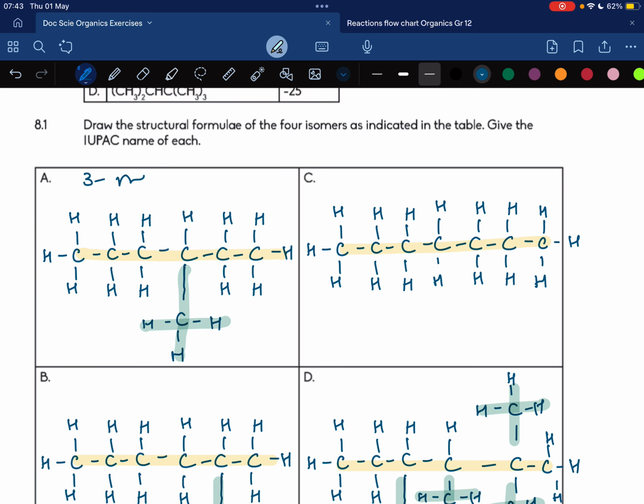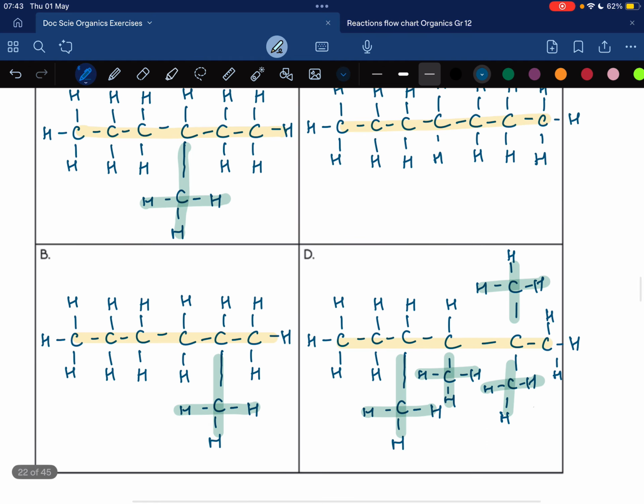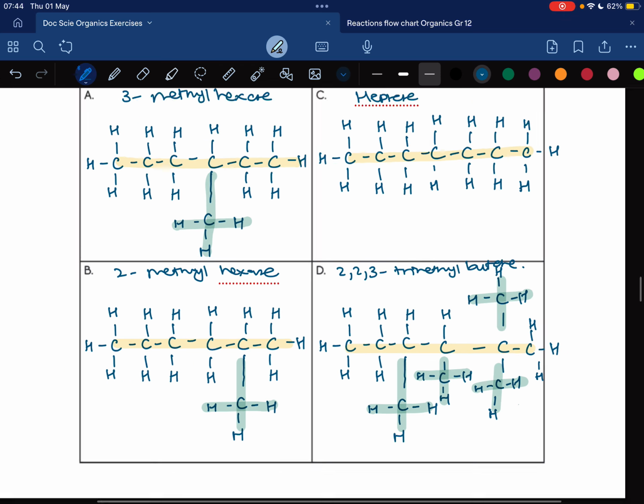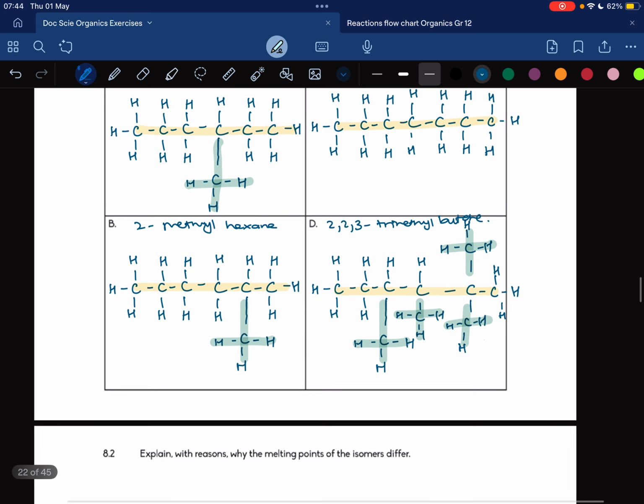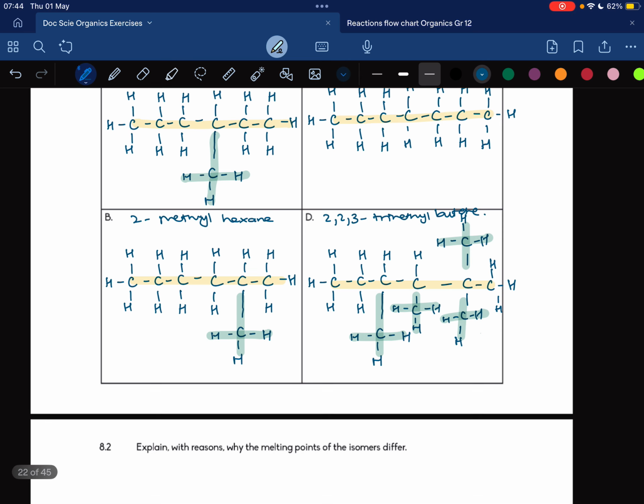So this one was 3-methylhexane, C was heptane, B here is 2-methylhexane, and this one is 2,2,3-trimethylbutane. Okay, so you can see that clearly there is a difference in side chains here.